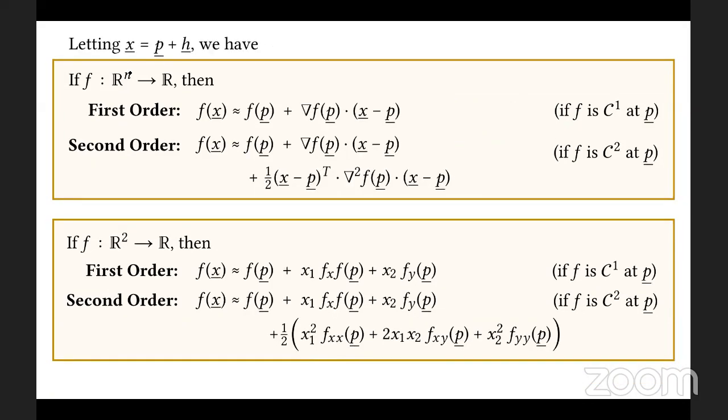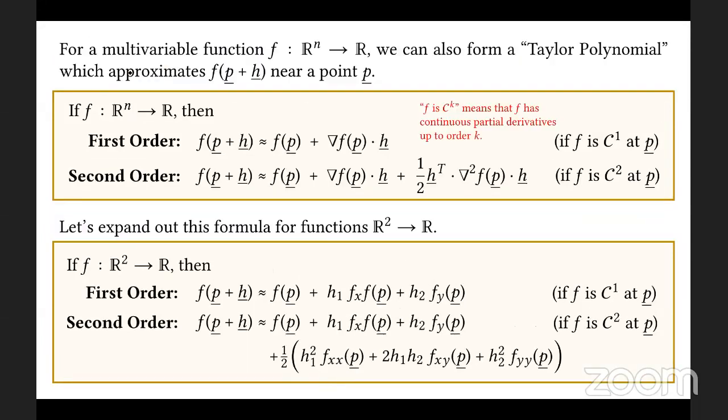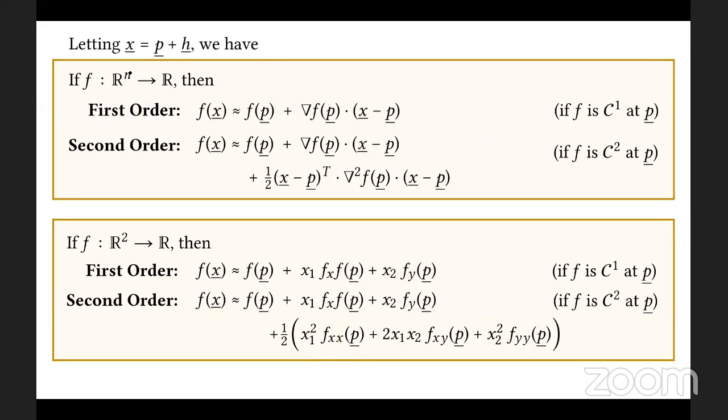Okay. And then there's an alternative way to write these. So here I'm writing this as f at p plus h, and this is in terms of p and h. So p, the point at which we know things about f, and h being that displacement vector. We can write this instead in terms of just inputting some vector x. And now h is x minus p. So this is an alternative formula, but they're defining the same thing.